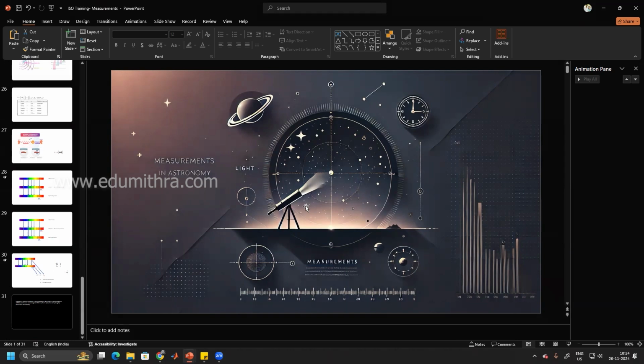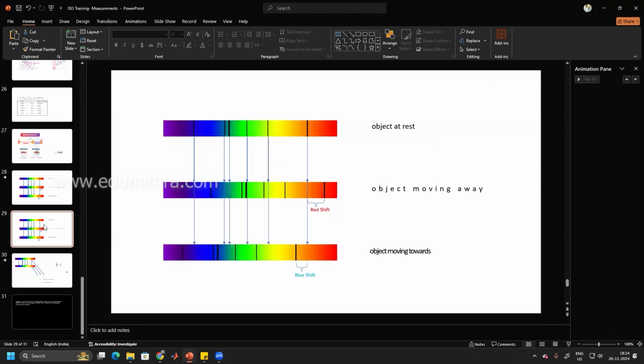I didn't get how the speed and velocity of an object can be calculated. Speed and velocity are first of all two different things, but as a junior student, just take it as speed. Both are almost the same, but in physics they are actually different. The speed can be calculated from how much shift there is. We calculate how much it has shifted, and from that shift we are able to calculate the speed.